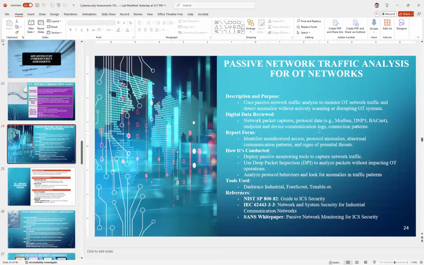Using deep packet inspection to analyze packets without impacting OT operations, analyze protocol behaviors, and look for anomalies in traffic patterns. Some of the tools used are Darktrace Industrial, Forescout, and Tenable.ot. Your references come from NIST, IEC, and SANS white papers.